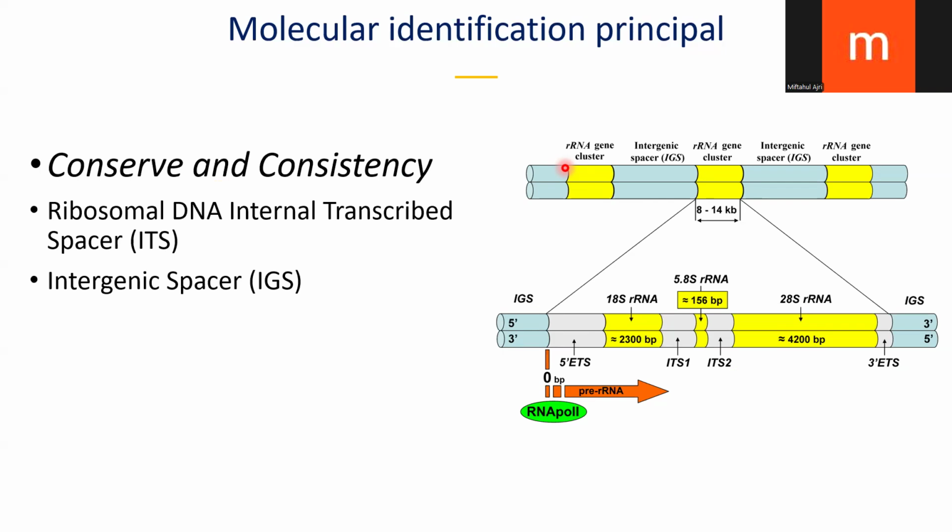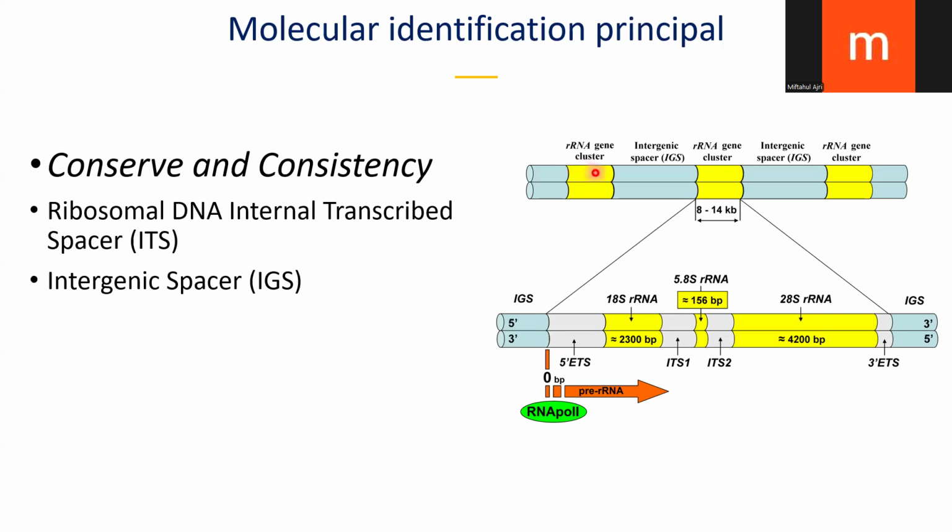The gene is always the same in each species. The regions of the nucleotide sequences that are always consistent are the ribosomal DNA internal transcribed spacer or ITS, and also the intergenic spacer or IGS.